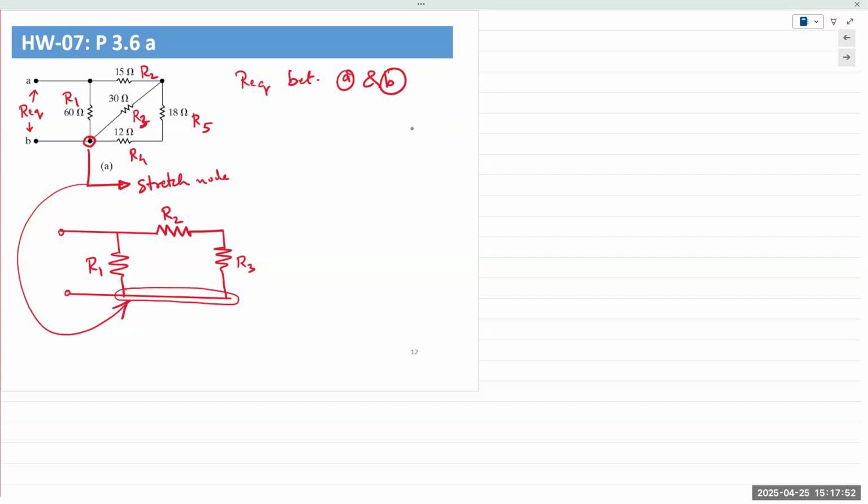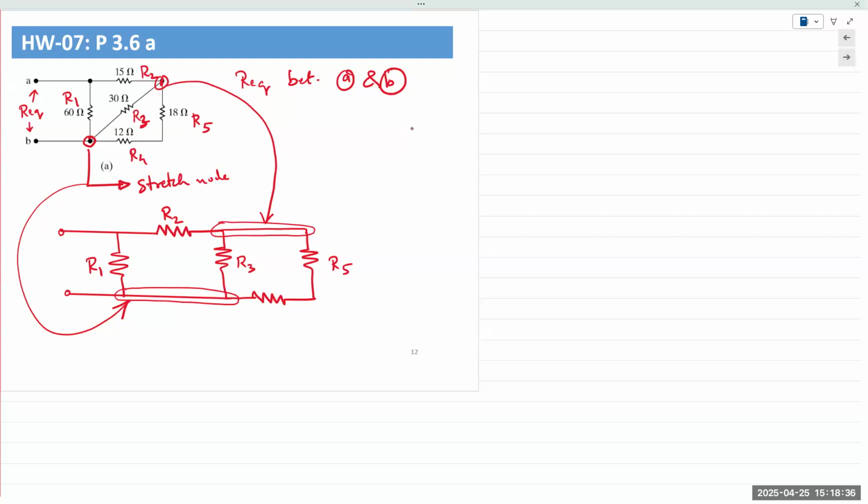Now, the far end, I have R4 connected here, and I have R5 connected here. And so this results in this top node being stretched out. Make sense? Let's take a pause.